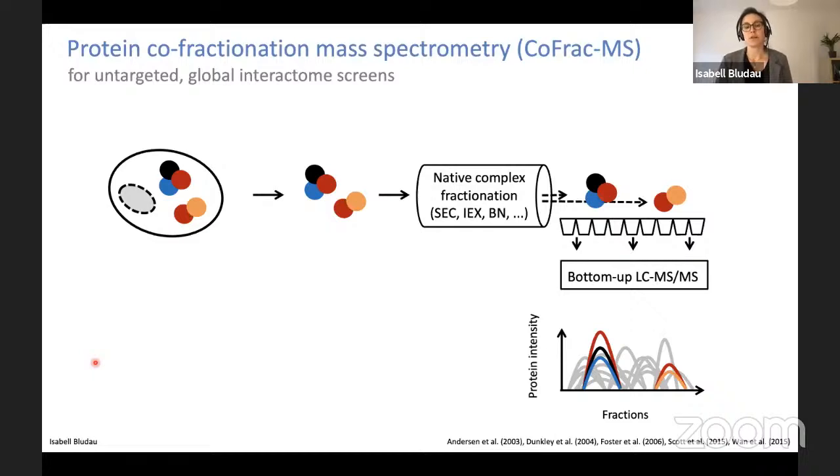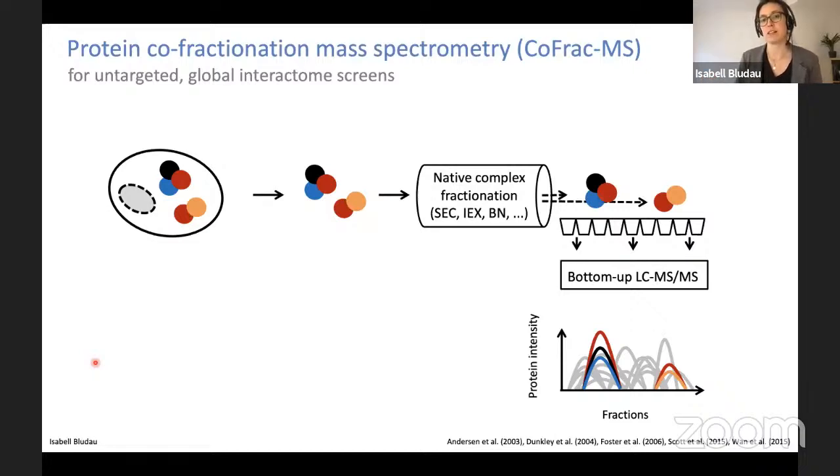And these protein complexes are then separated by native complex fractionation, for example, by size exclusion chromatography, or SEC, or ion exchange chromatography, IEX. The common theme is that you biochemically fractionate the complexes according to some biochemical property, and then you sample a number of fractions across the separation dimension.